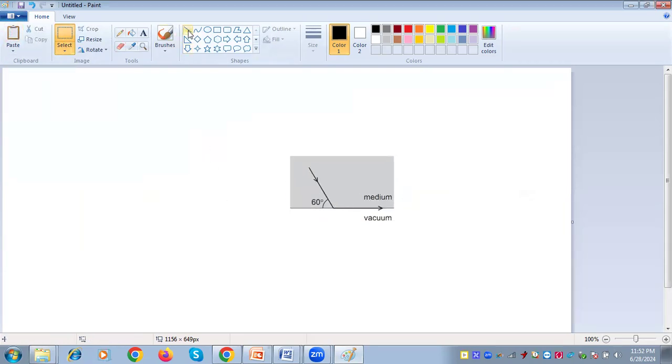So if you draw the normal at this point, what is the angle of incidence? And this angle of incidence is critical angle actually. So what could be this angle? This is 90. And this is 90 minus, and this is normal. Normal makes 90 degree with the surface. 90 minus 60 is 30.